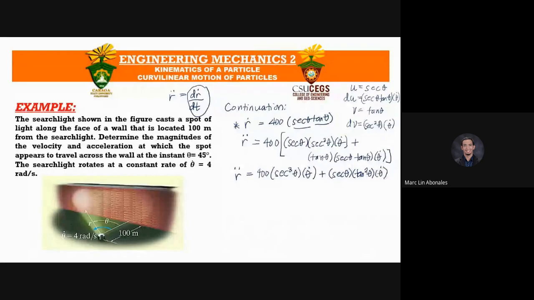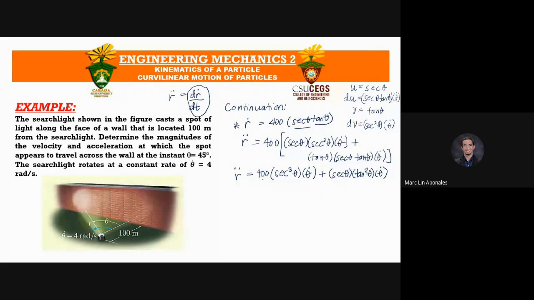So, i-combine lang nako ang secant o secant squared theta. So, mo ng secant cube theta. Then, ang tangent theta times tangent theta, mo na siya tangent squared theta. So, you just substitute the values of the angle theta and also the angular velocity na 4. So, this is the second derivative of your r.